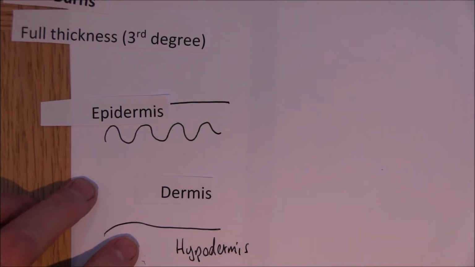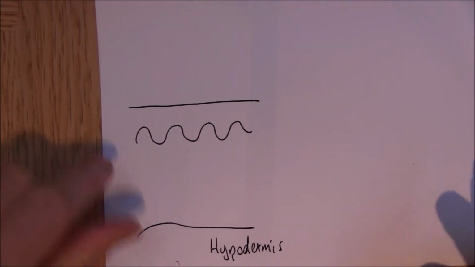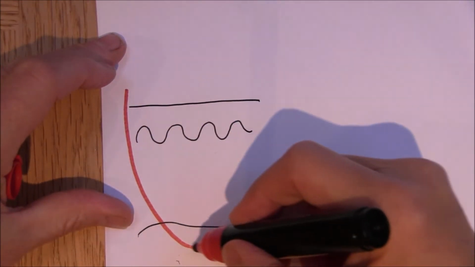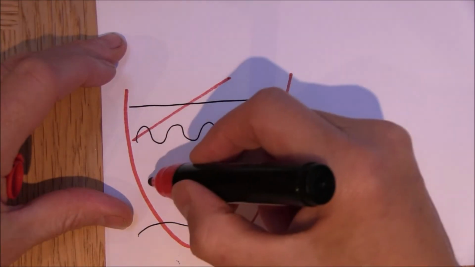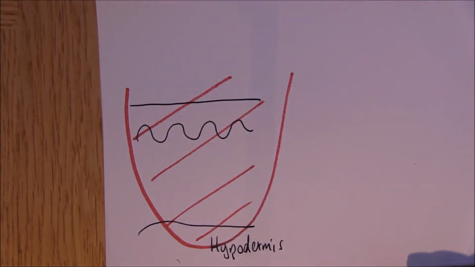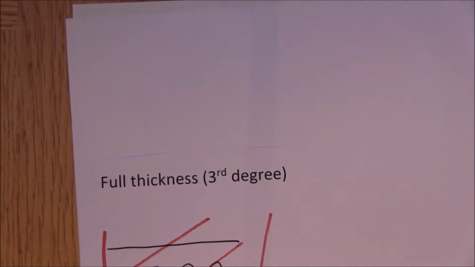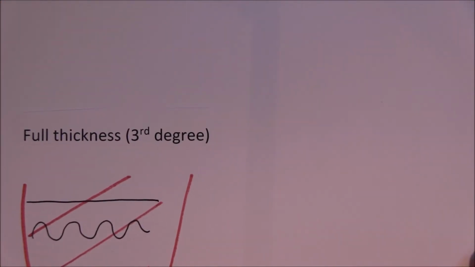Now in a full thickness burn, all the thickness of the skin is lost. So all of this is lost, the totality of the skin. All of the epidermis, all of the dermis, all lost. They are full thickness burns. So clearly the most serious sort we've looked at so far, because more tissue is lost.